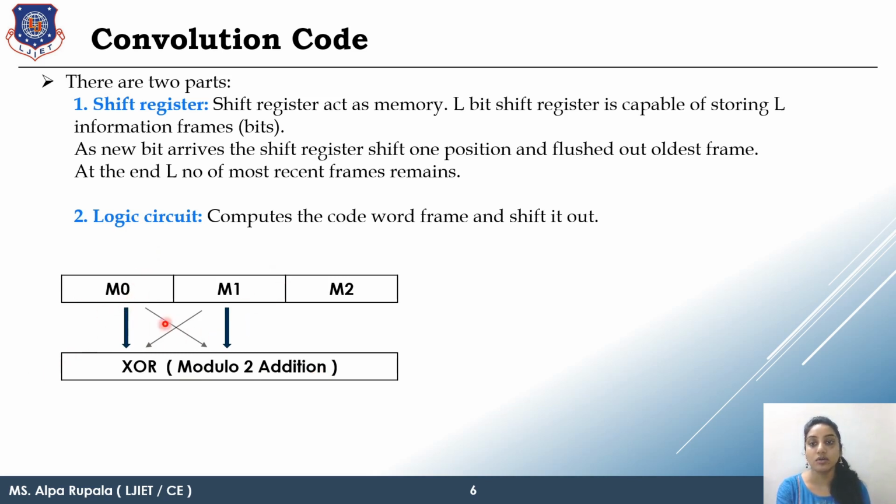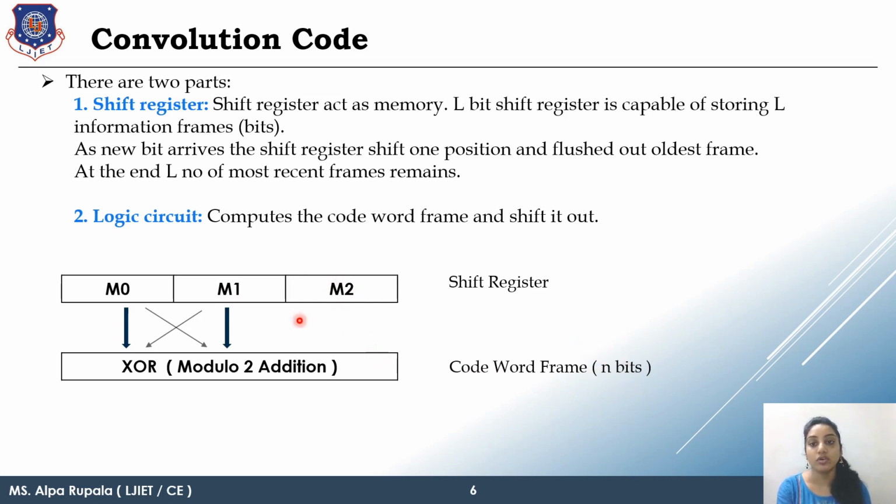Like M0 and M1 data bits are XORed with each other. Obviously, the number of bits in M0 and the number of bits in M1 are equal, so the calculation will be very easy. We are just doing bit by bit XOR operation. By this bit by bit XOR operation, we will generate the new code which is known as the code word frame. That will be of n number of bits.